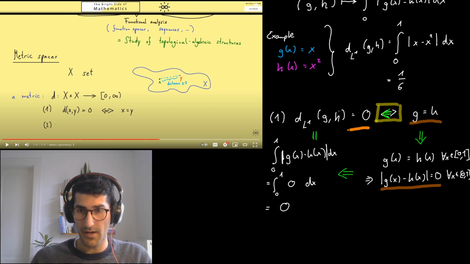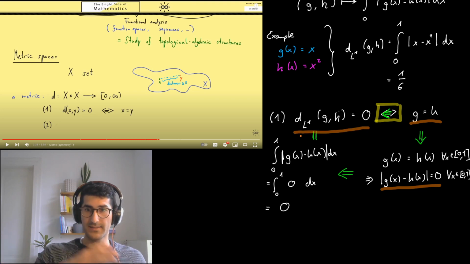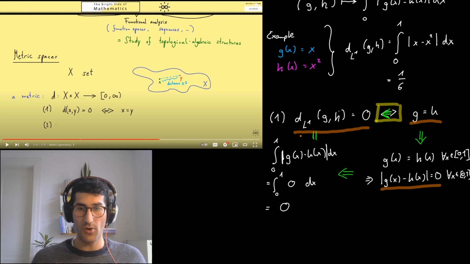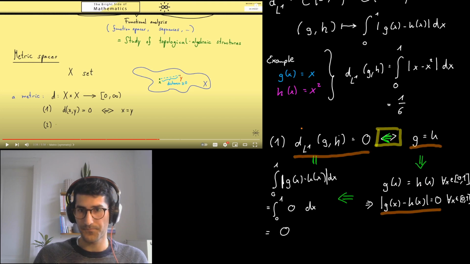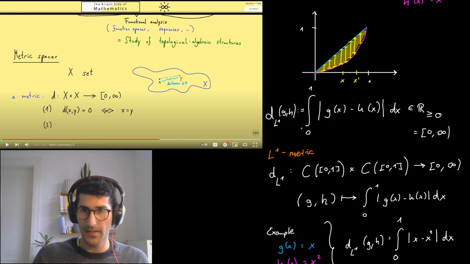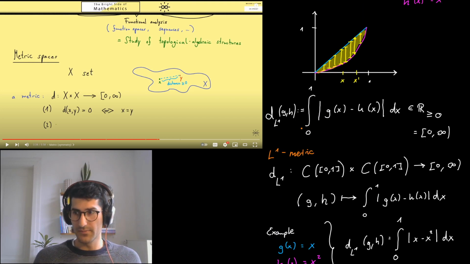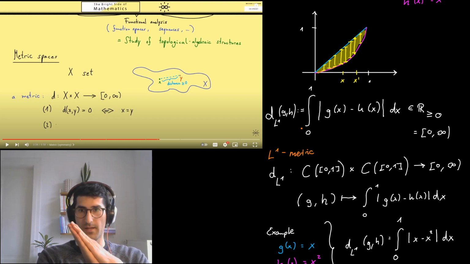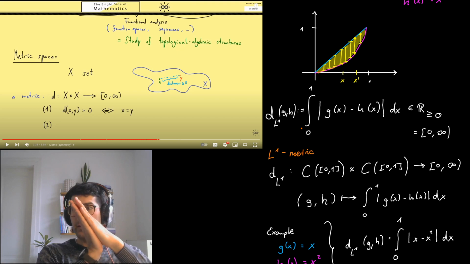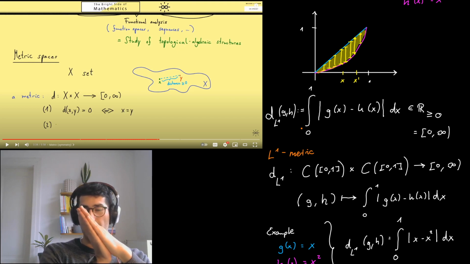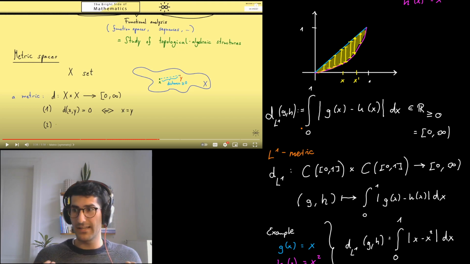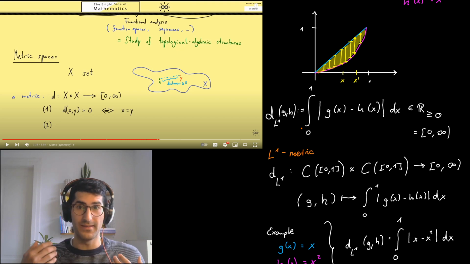And then I come out at the other side of my implication, showing that the distance of these two functions is 0. In terms of the sketch, this would mean if two functions are equal, then there is no area between the two function graphs. Something that is directly visible from a sketch.